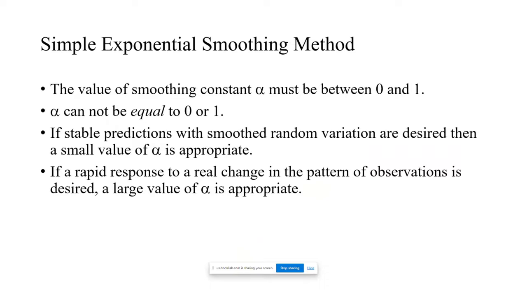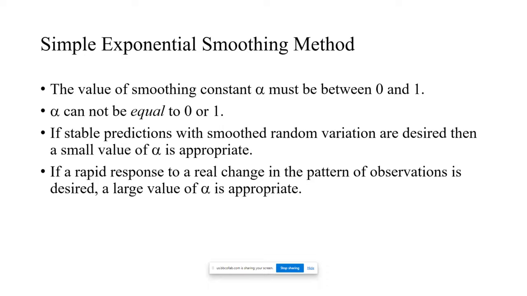If stable predictions with smooth random variation are desired, then a small value of alpha is appropriate. Alpha could be 0.1, 0.2, 0.25. That applies to stable predictions.